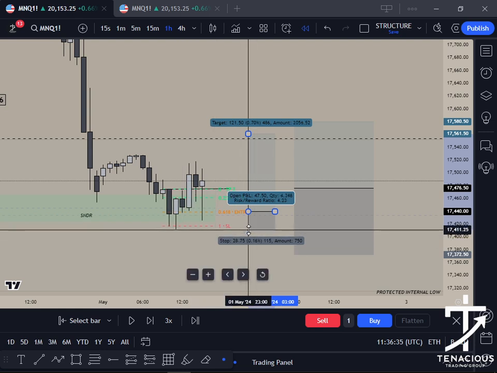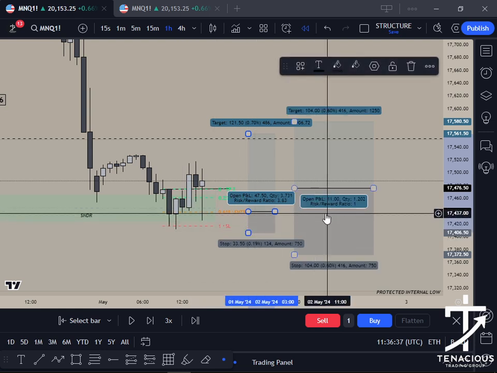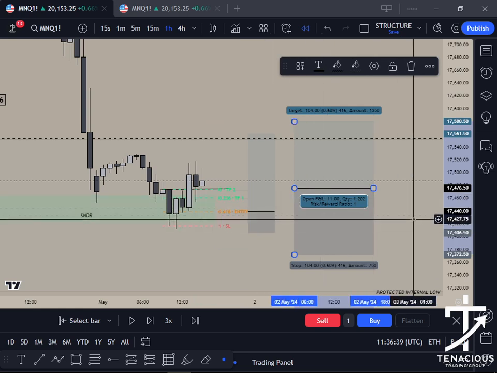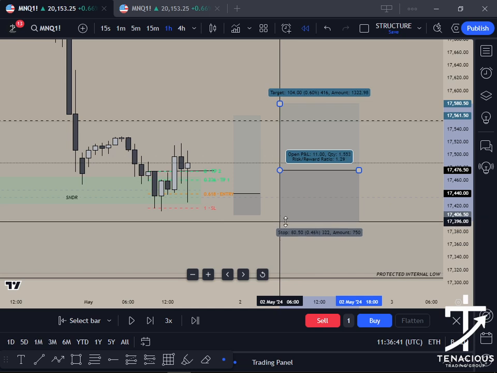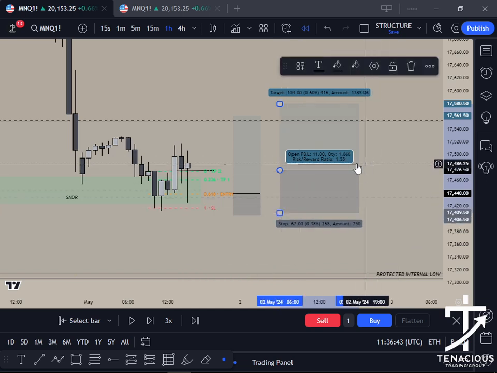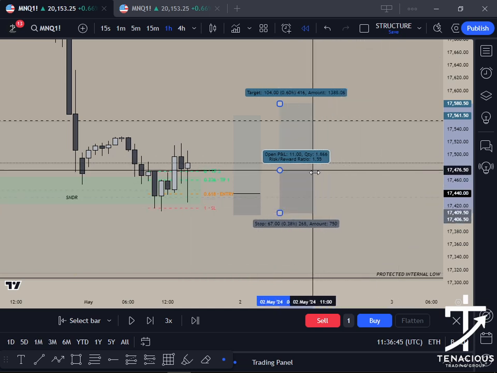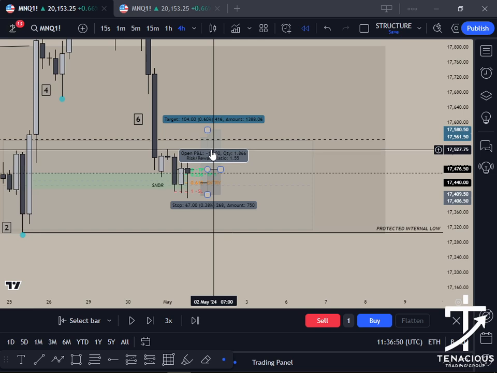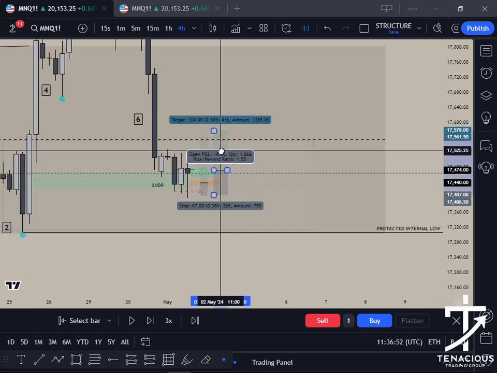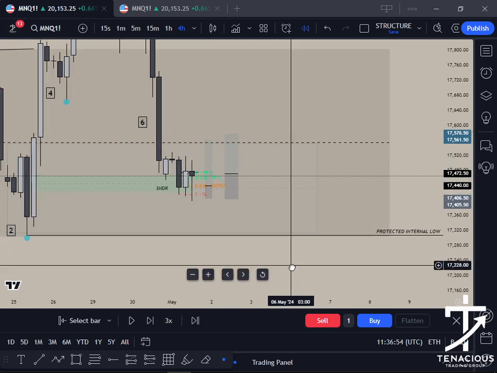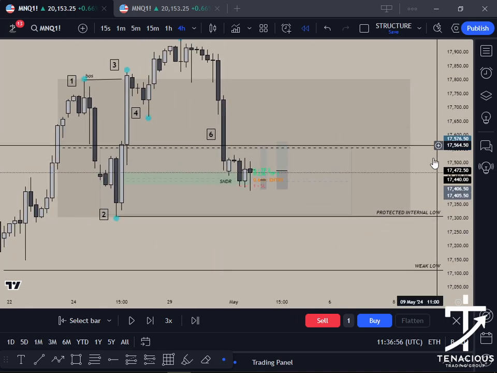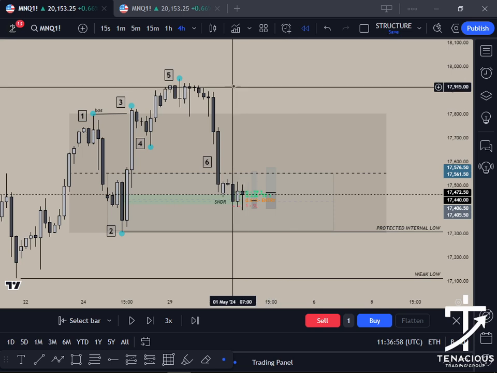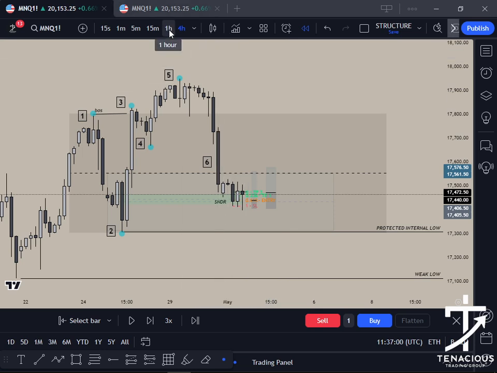Let me just put to the low, couple of wicks below the low, and then couple of wicks. So that's entry 2. I'll sort that out later, guys. And then entry 3 and 4 will be, what's it called?